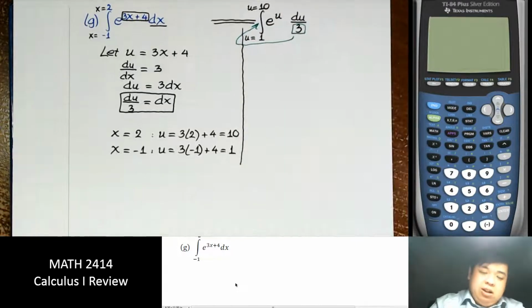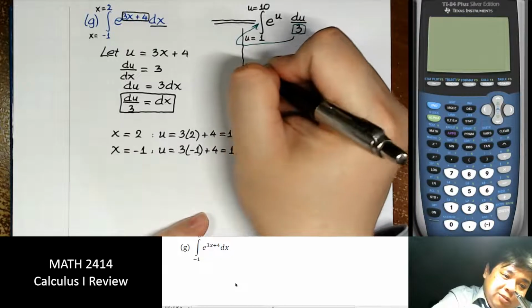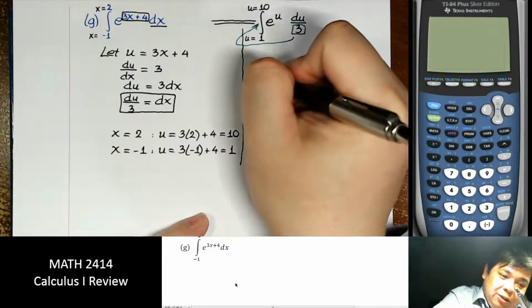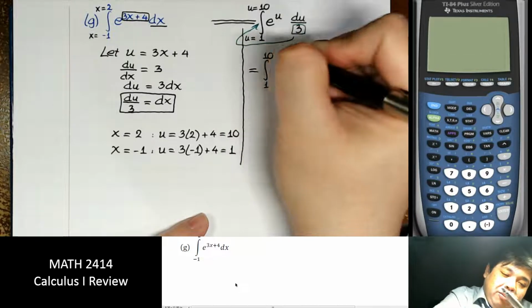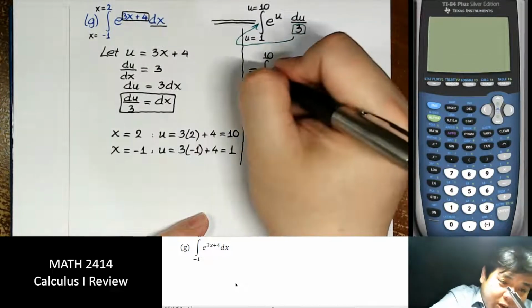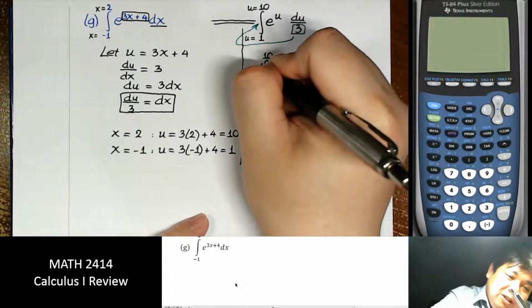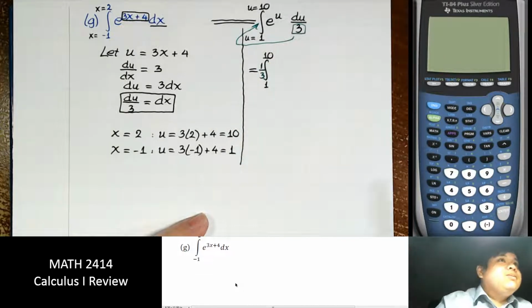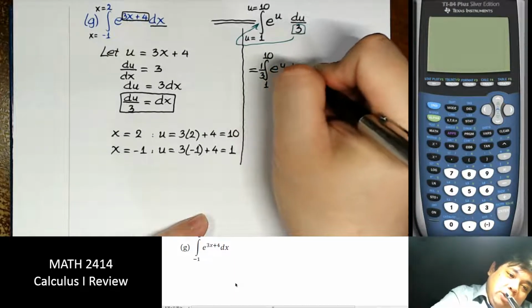Put on the outside. 1 to 10. Oops. Get the 3 on the outside, put at the bottom. Just e to the u du.